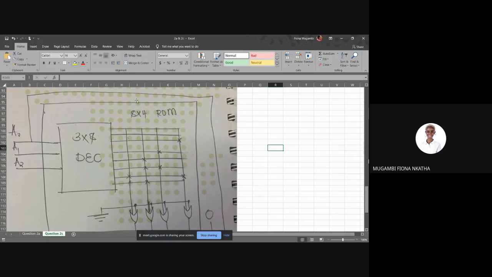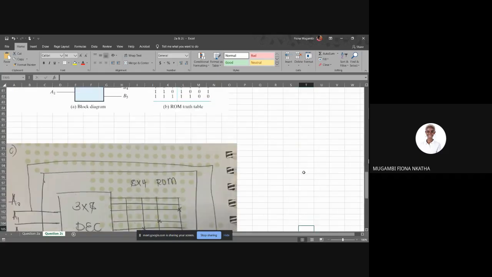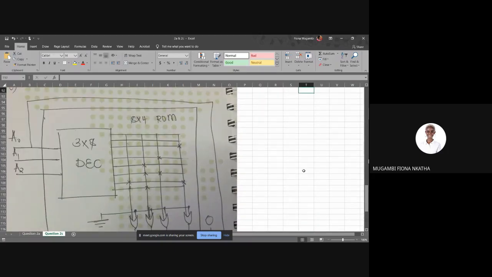So we're inside this ROM. This thing here is very general, but inside we have a decoder and OR gates.